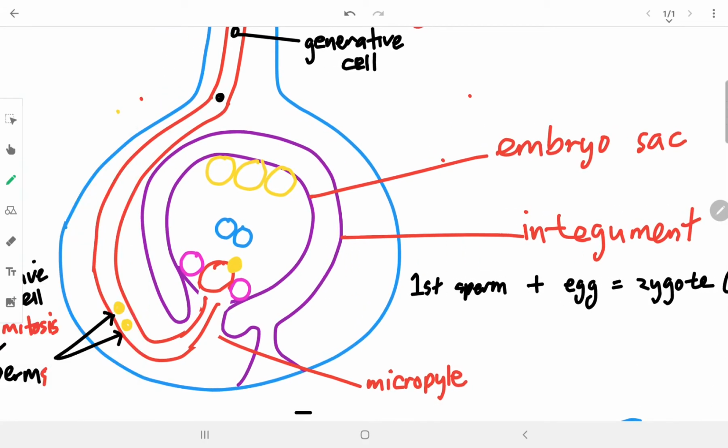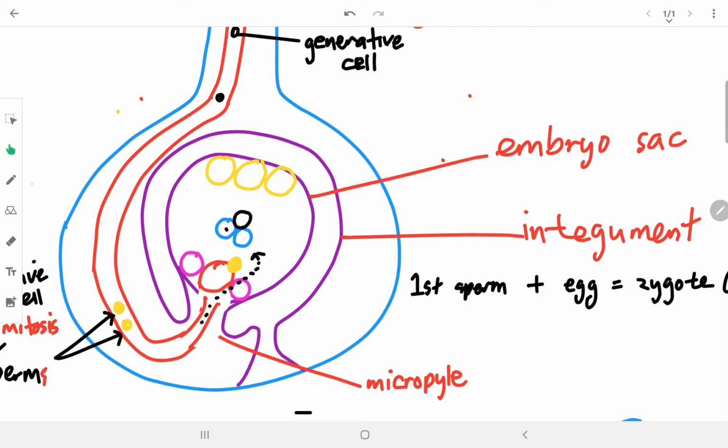Okay, and then the next sperm will enter the embryo sac and then fuse with the 2 polar nuclei. Now this is the 2 polar nuclei. It will fuse with the second sperm.